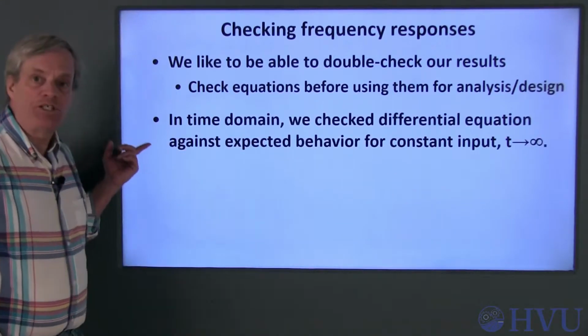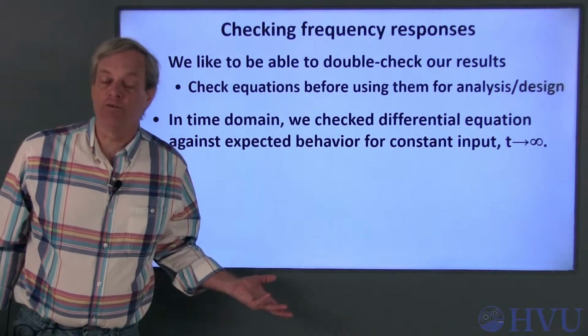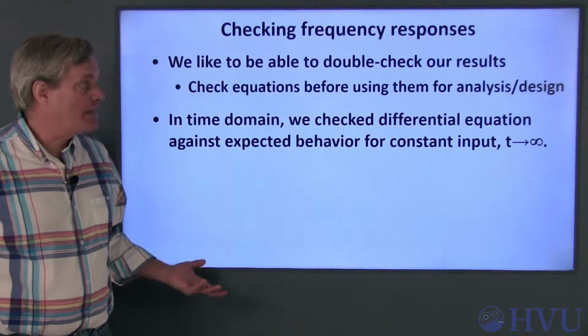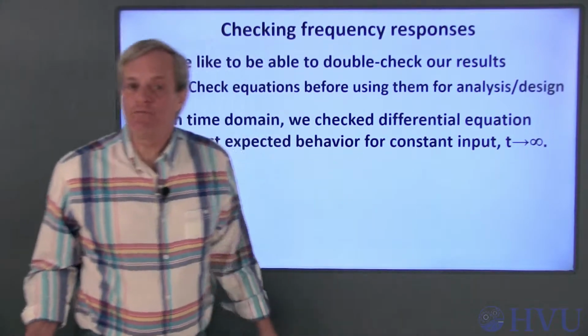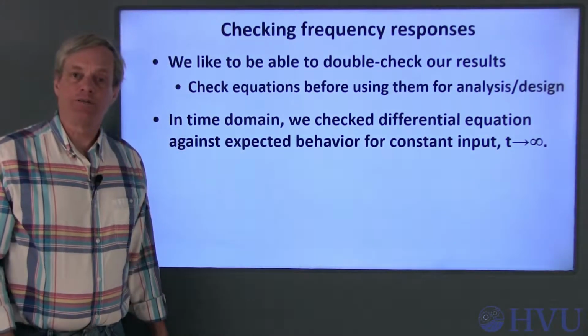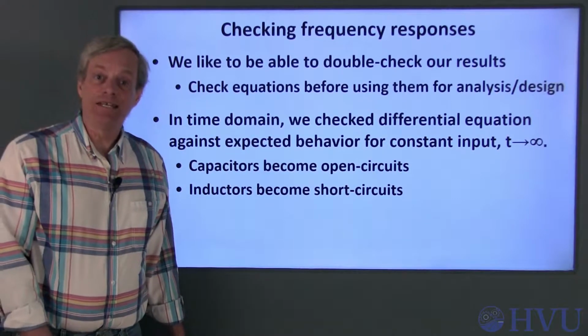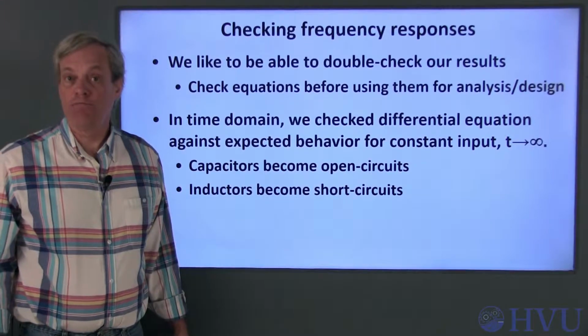We've already talked about checking equations before solving them when we use differential equations in the time domain. When we wrote the differential equation, we checked what its response was to a constant input as time went to infinity, even if that wasn't the input that we were actually interested in. The reason for checking the differential equation under these conditions was that we could independently determine what the circuit response should be.